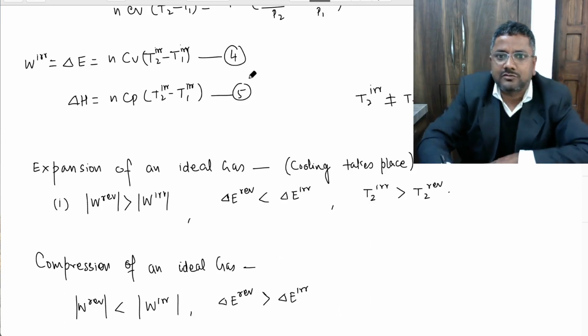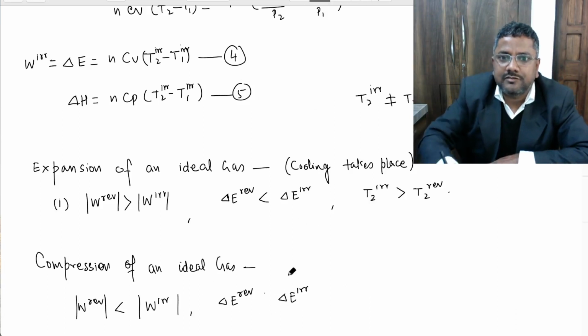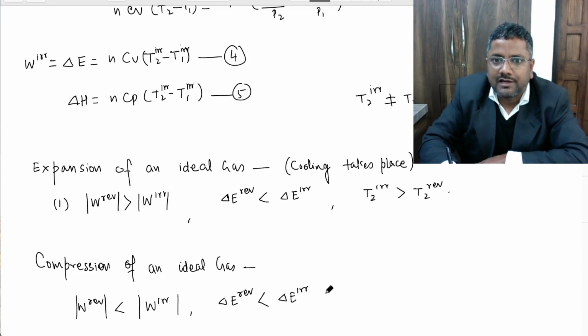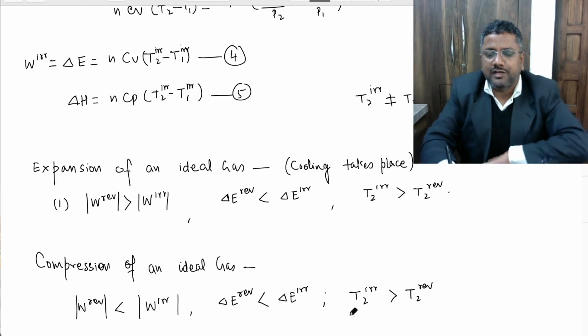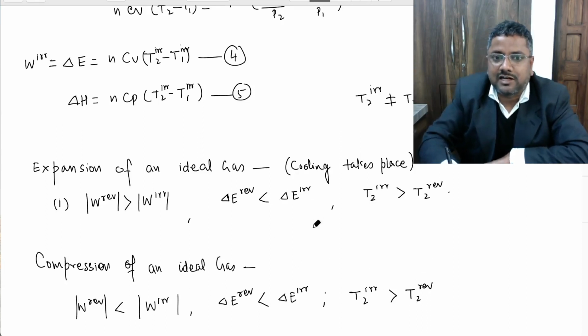So see this, the same: delta E irreversible is more than this, and temperature also has the same relation. T2 irreversible is always more than T2 reversible, whether it is compression or expansion.